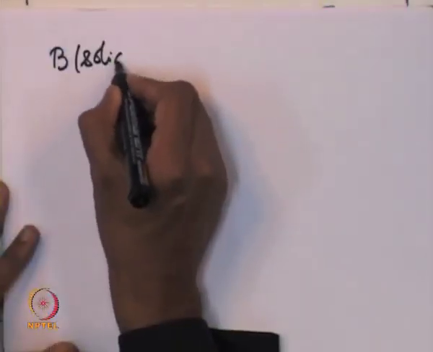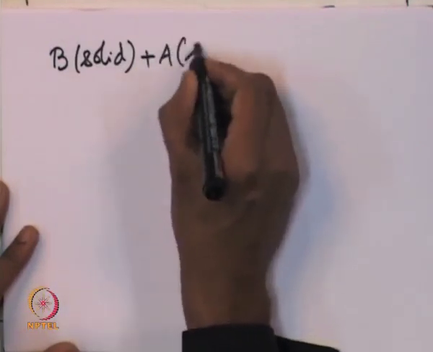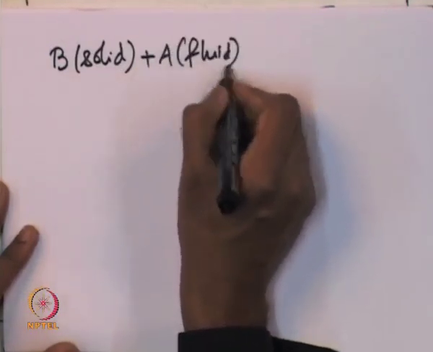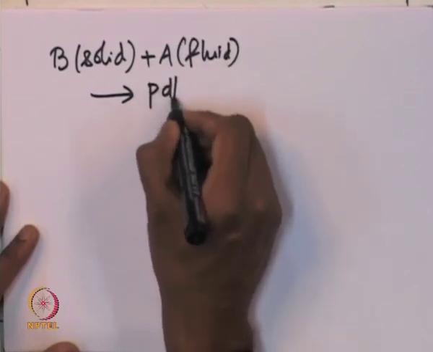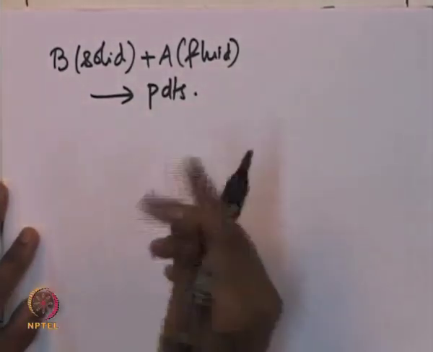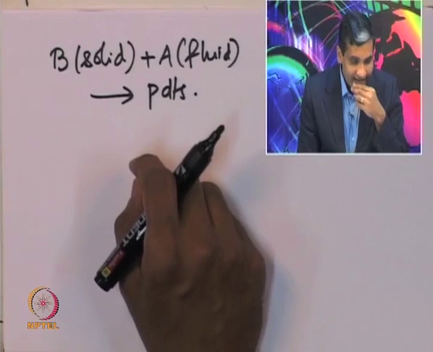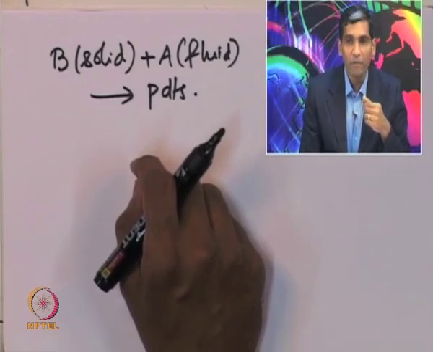Suppose we assume that B is a solid which reacts with fluid A to form products, then we can assume that there is an equimolar consumption.